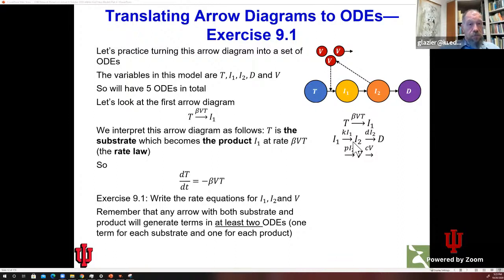Is that clear? So I'd like everybody now to take just a few minutes and write down the ODEs that correspond to dT by dt, dI1 by dt, I2, and so on, based on this diagram.